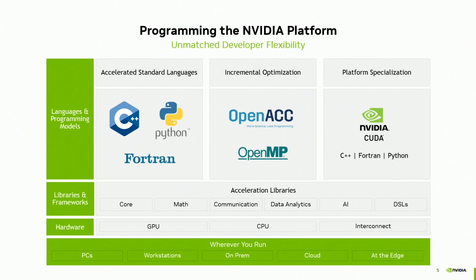So now, when it comes to programming the NVIDIA platform, from a hardware standpoint, it's typically the GPU, the CPU, or interconnect. And you'll need to be able to program to all of those. Now, programmers are typically deploying on their PC, on-premise cluster, workstation, and beyond. And we know that we need to provide a way to program that is portable across all of these mechanisms.